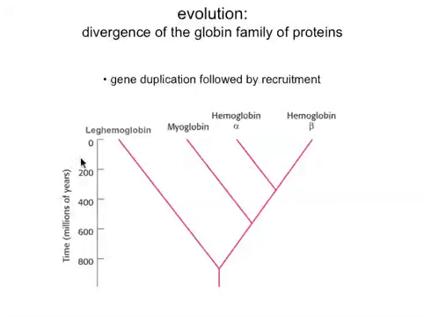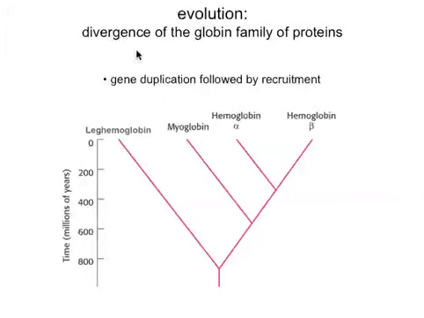But again, these are sequences that we might see in organisms today at year 0, but we can map their sequence divergence based on when we see the emergence of organisms that bear leg hemoglobin and not hemoglobin, for example. Same with myoglobin and hemoglobin. So what we see is that the sequence comparison allows us not only to establish these relationships of organisms, but, most importantly for where we're going to go next, it allows us to map the evolution of sequences.